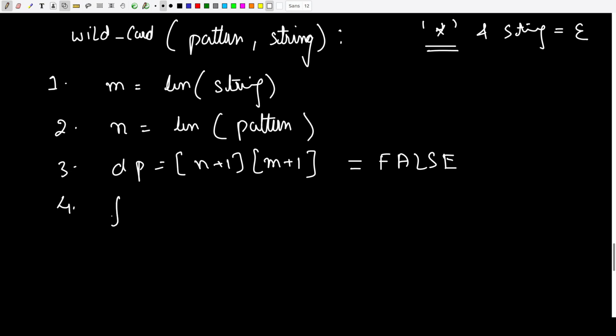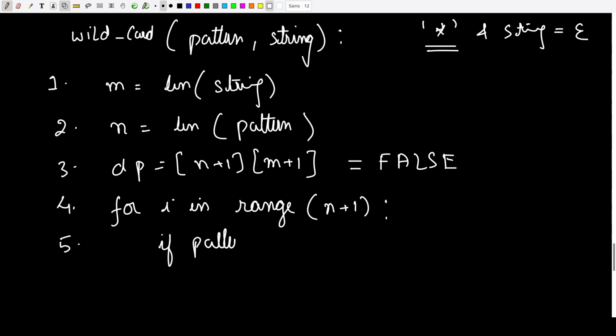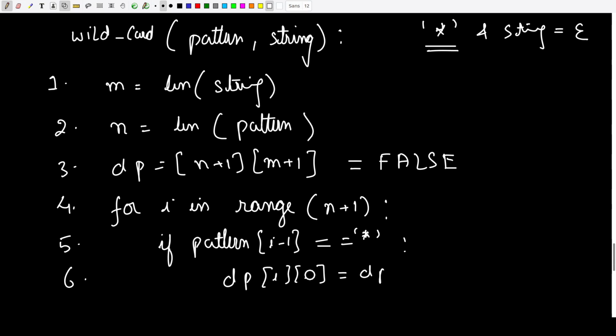So for i in range of n plus 1, we check whether the ith character, pattern[i-1], equals star. If it equals star, then as we have discussed, dp[i][0] will be given by dp[i-1][0].